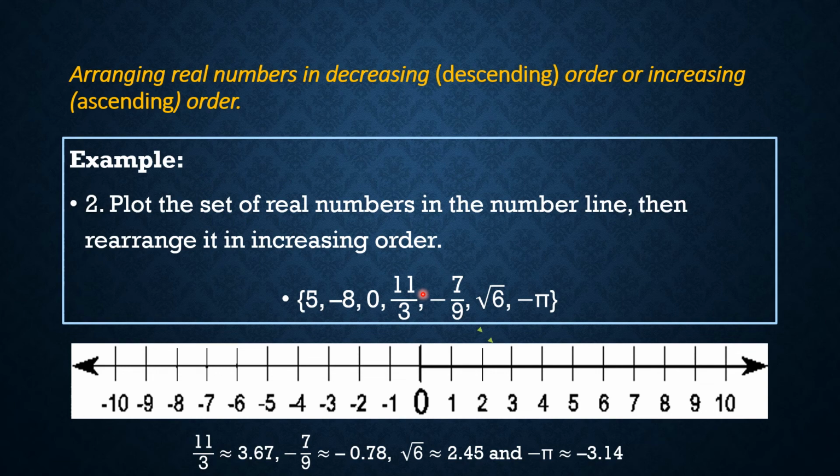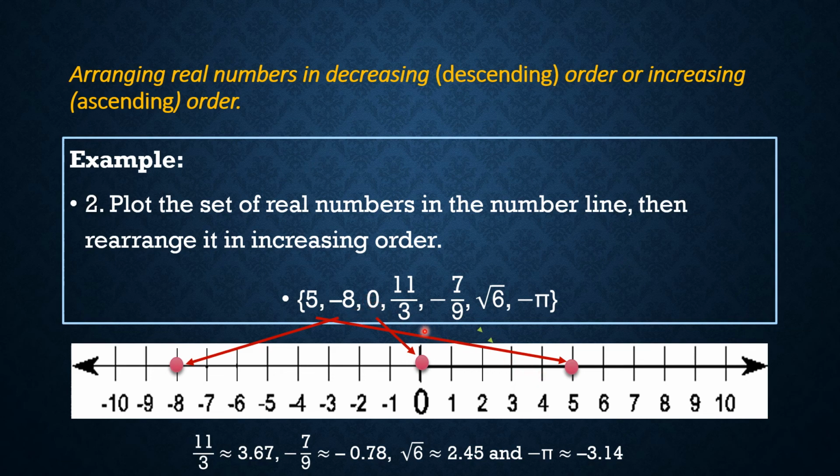Okay, so we can now plot these numbers given this equivalence. So 5 is very easy, so just plot it here. Negative 8 is here. 11 thirds is approximately 3.67, so it is between 3 and 4, so almost here.